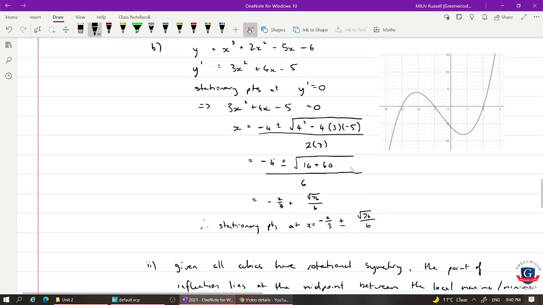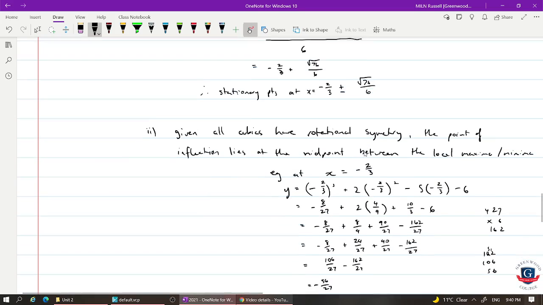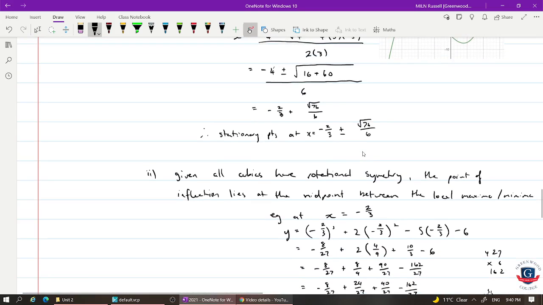Now, a cubic has rotational symmetry, so it'll rotate around this point here, the midpoint between this and this, which funnily enough ends up being this, because negative 2/3 plus root 76 on 6 would be up to here, and negative 2/3 minus root 76 on 6 would be back to here. So, given that, and they've asked us for a point this time, we've got to work it out.